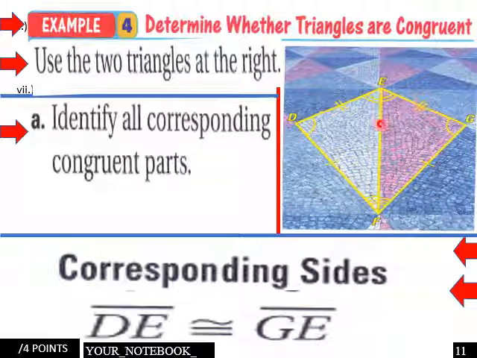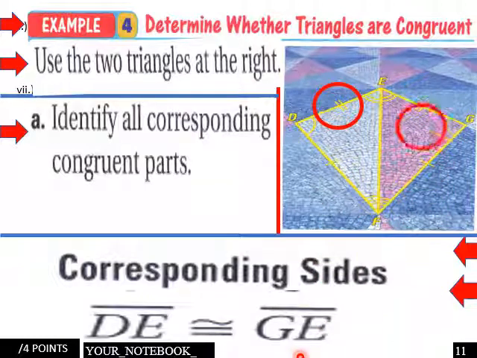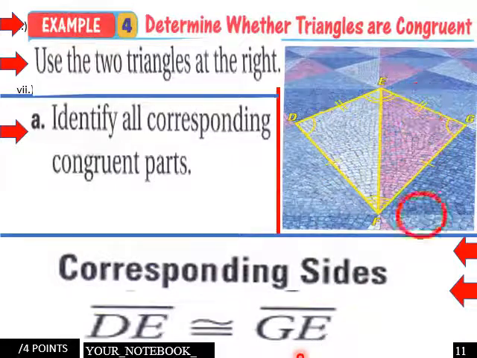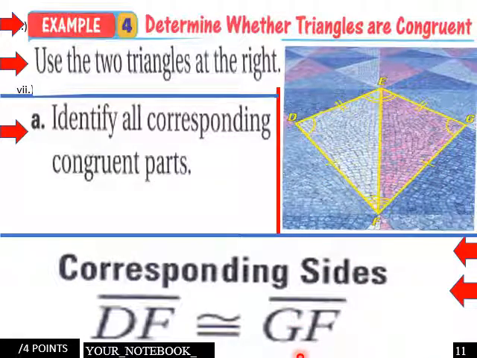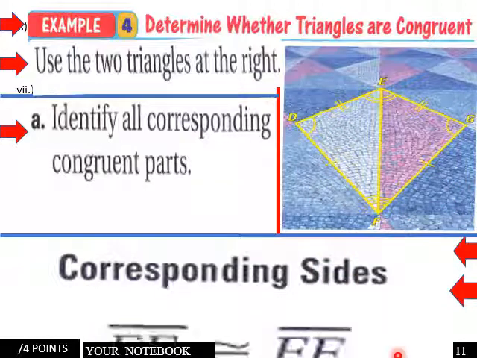You have these corresponding hash marks here, there, and there. And then DF here, and then GF here. So these are two corresponding sides. You have your corresponding hash marks there.